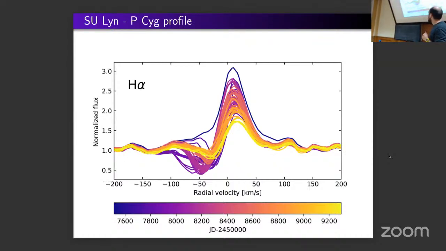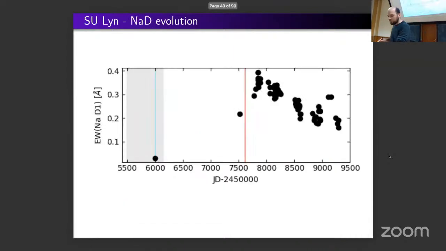What else? I discovered the P-Cygni profile. P-Cygni profile basically means we have outflow from the system. So not only was it bright for a short time, there is an outflow, so probably something happened that caused accretion and outflow for a short time.